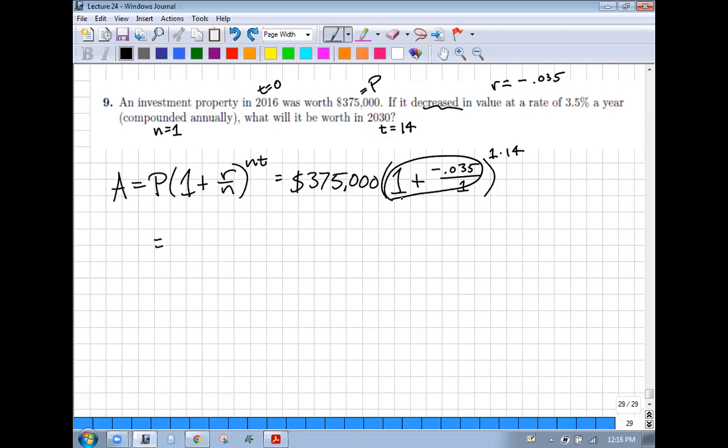So we just do 1 minus 0.035. Notice that's a number less than 1 because we started off with 1 and subtracted some from it. Now we raise it to the 14th power. Now I got something a lot less than 1, like 0.6. This was like 0.9 something, but when you raise it to the 14th power, now I only have 0.6. Now we multiply that by 375,000 and we get 227,726.54. So we lost about 150,000 bucks at 3.5%.